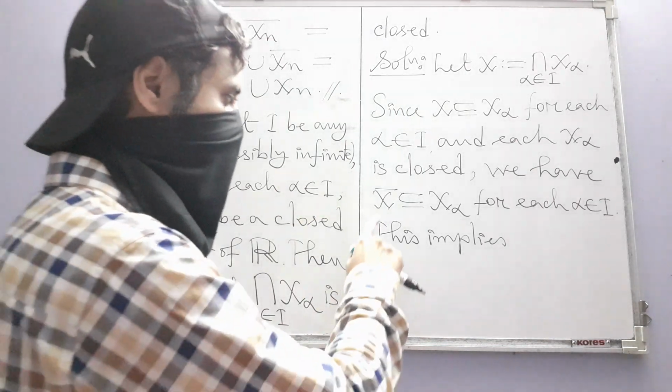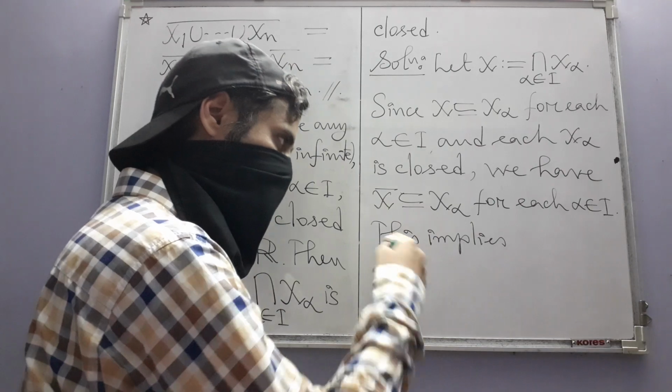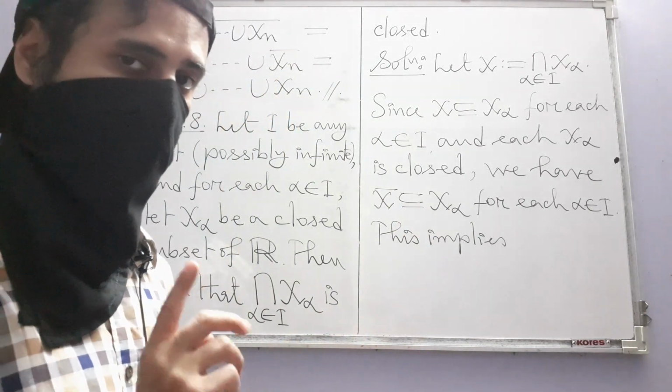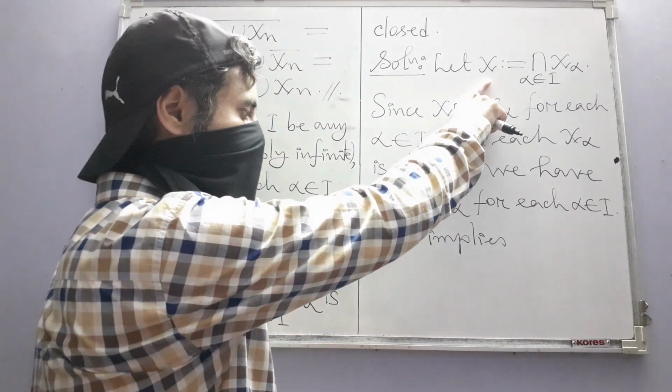So automatically the closure would be a subset of their intersection as well, but that intersection is nothing but X.